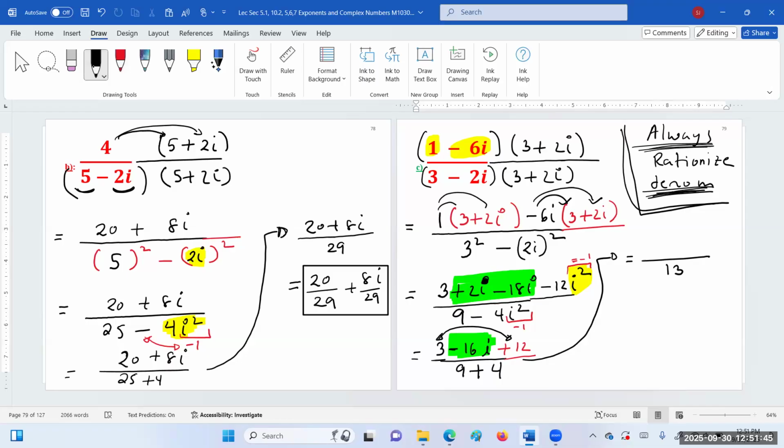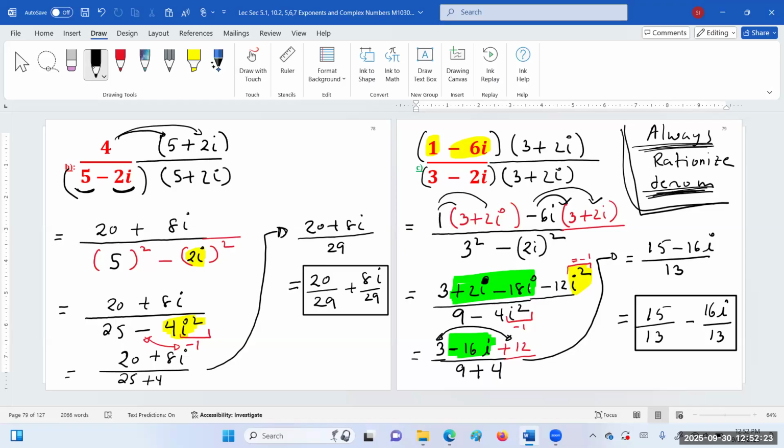When you combine, what do you get? 15. So 15 minus 16i. What is our last step? Separate. So 15 over 13 minus 16i over 13. And with this, we're done with rationalizing, which is dividing.